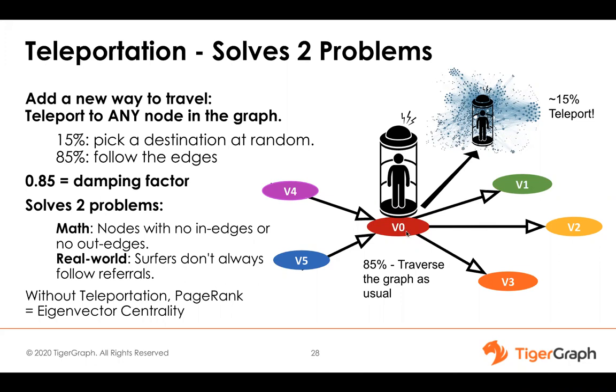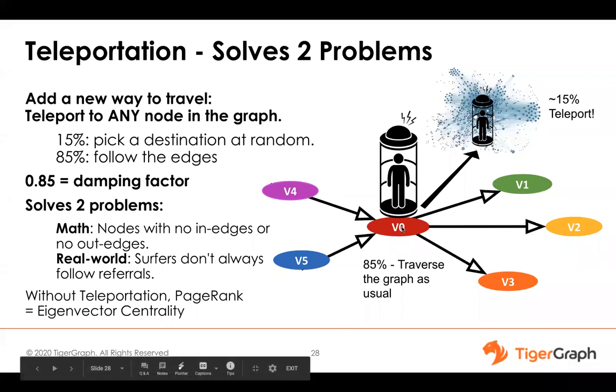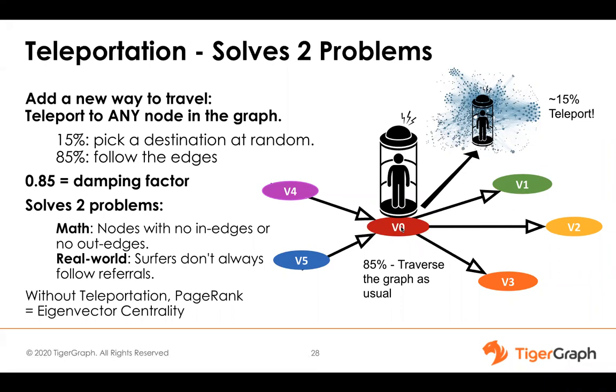So from V0, if there are 5 others, there's a 15% probability that you will teleport. Since you consider teleporting and staying where you are, there are actually 6 possibilities. So divide 15 by 6, there's a 2.5% probability of teleporting to any of these.